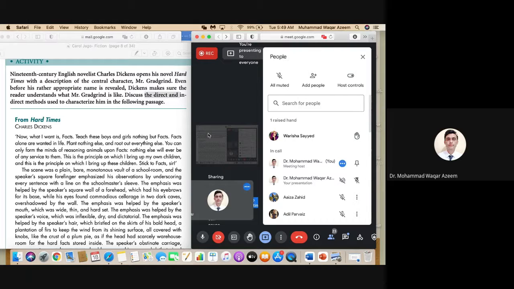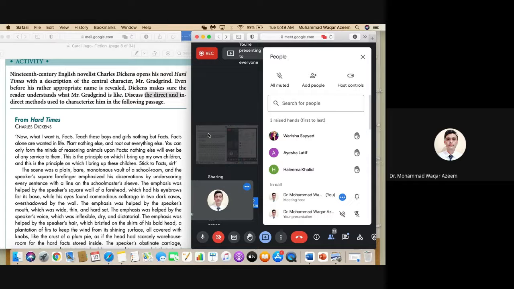Okay, right. So Sayyid Haider Shah, you were the other person. Aisha Latif, go ahead. Sir, in the second paragraph and in the last paragraph, where the writer speaks directly about the characterization. All right.